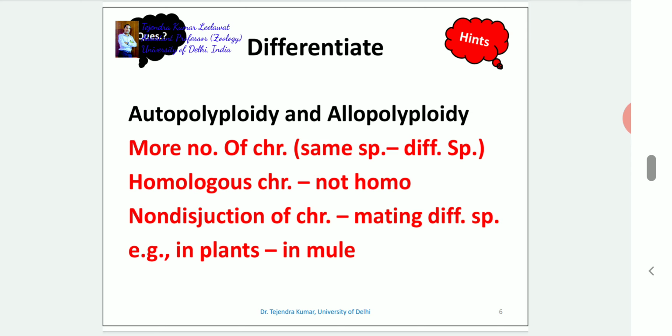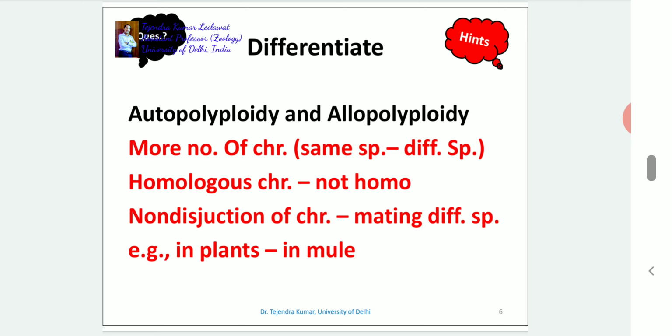One set contains 31 and the other contains 32 chromosomes, and that's why the overall number is odd, 63. So this is actually different, and that's why they are infertile.